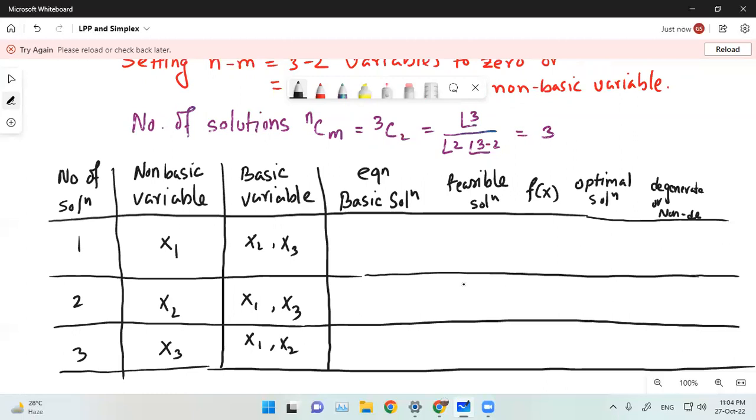So the equations are 2x2 plus 3x3 equal to 7, and 4x2 plus 6x3 equal to 15. As you can see, these two are linearly dependent on each other, so ultimately it will not give you any solution. For this particular case, there is no solution.